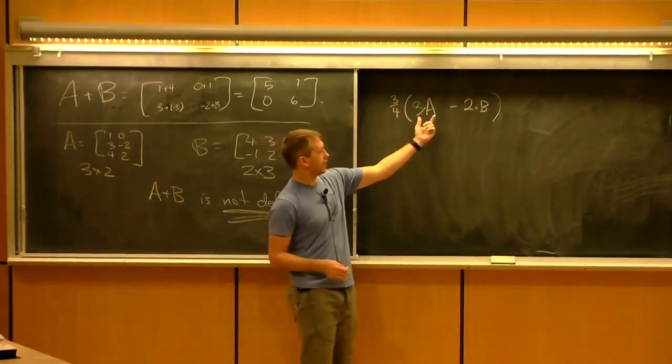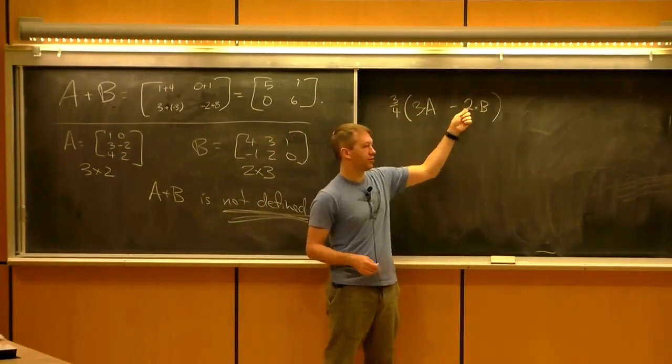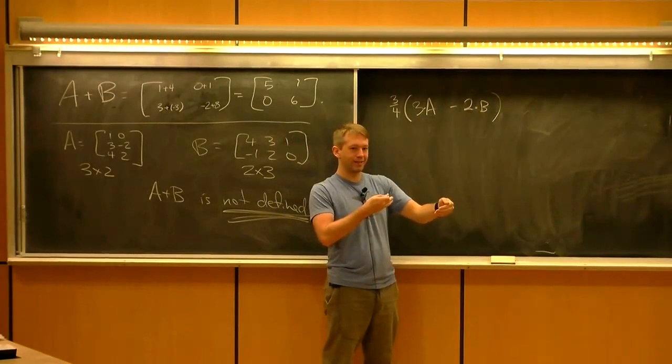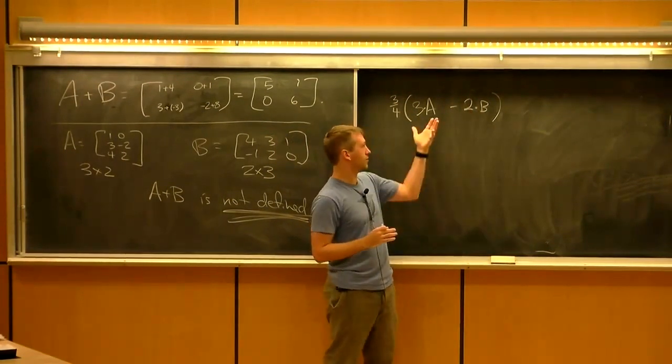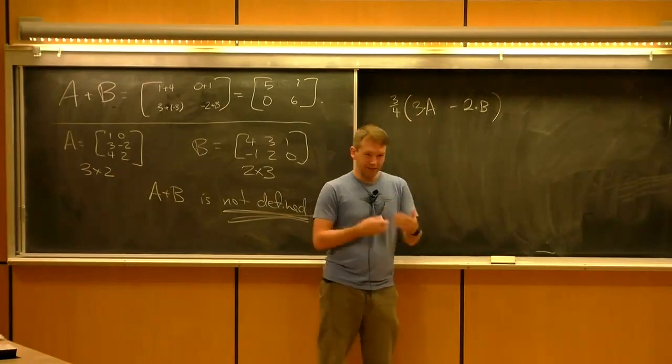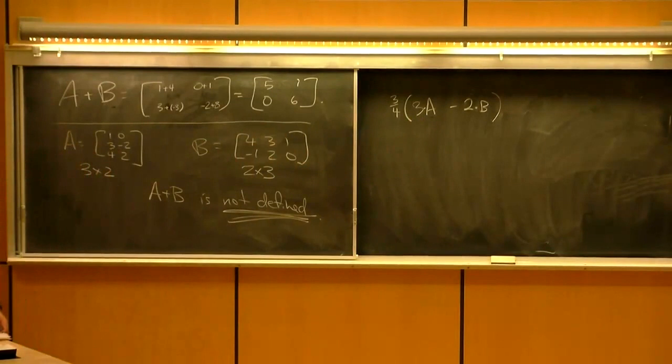You take A, multiply it by 3, you take B, multiply it by 2, you subtract the matrices, that gives you a matrix, and then you multiply the whole matrix by 3/4. So basically you can chain these operations together. Hopefully this stuff doesn't seem too bad so far.